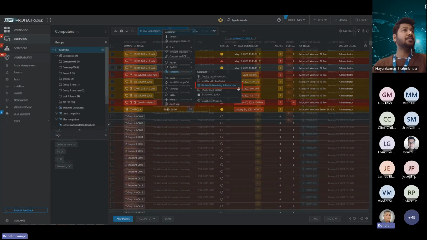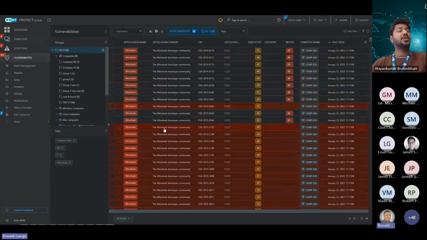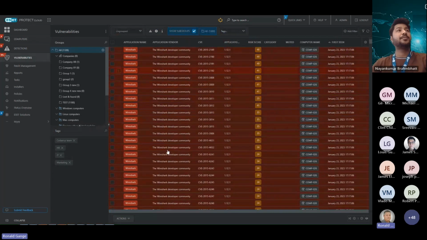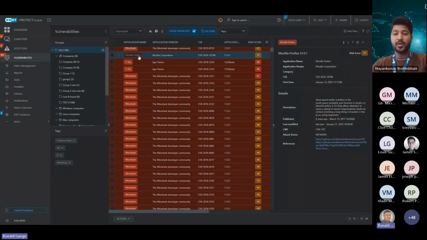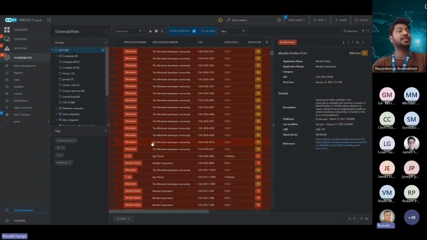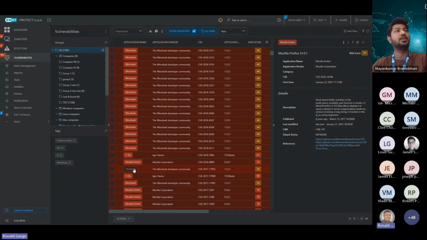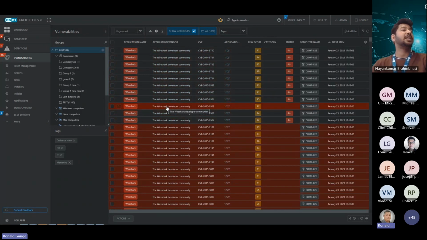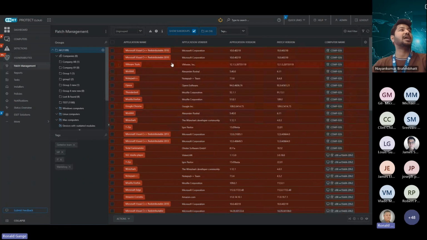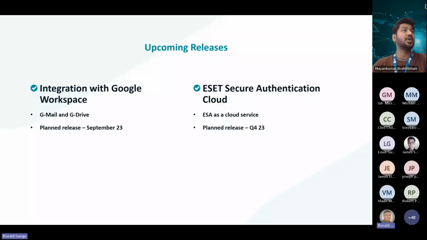Once enabled, it's going to scan for vulnerabilities on the installed applications in your endpoint, and you will be able to see all those vulnerabilities in your console in ESET Protect, as well as the available patches for those applications that are installed in your network.